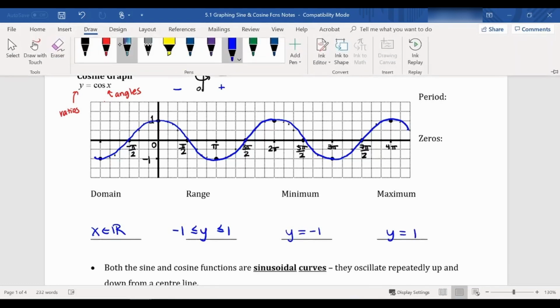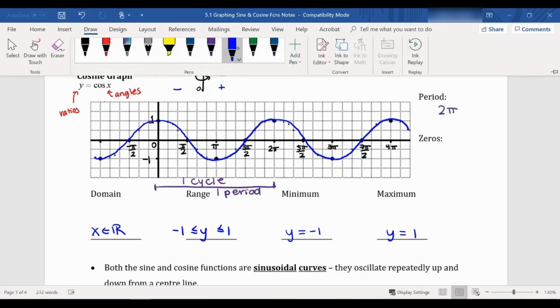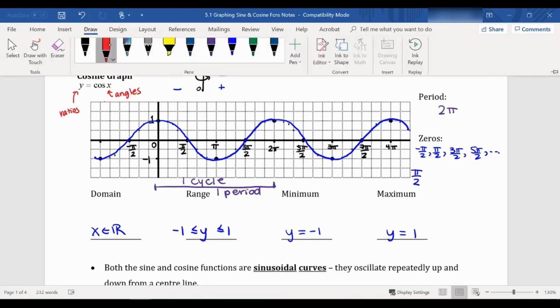And our period, again, if I start at that maximum value, the next time I reach my maximum value is over here at 2 pi. So one cycle or one period is 2 pi again. And our zeros, if we take a look at our zeros, they're at all the pi over 2's. So we've got one at negative pi over 2, pi over 2, 3 pi over 2, 5 pi over 2, etc. And again, there's a nice, neat way of writing this, which is if I start at my first one, which is pi over 2, in order to get to the next one, I have to add pi.